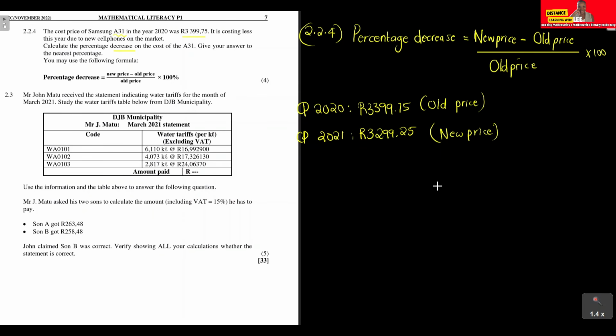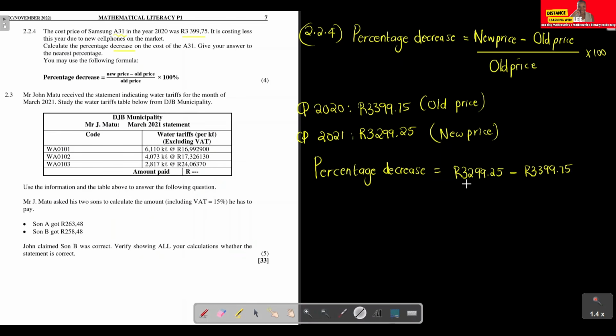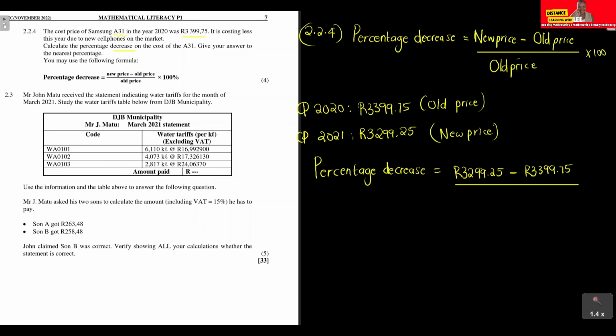We are going to substitute these values into our calculator. Our percentage decrease is equal to the new price, 3,299 rand and 25 cents, minus the old price, 3,399 rand and 75 cents, divided by the old price, 3,399 rand and 75 cents, multiplied by 100 because we want the percentage.